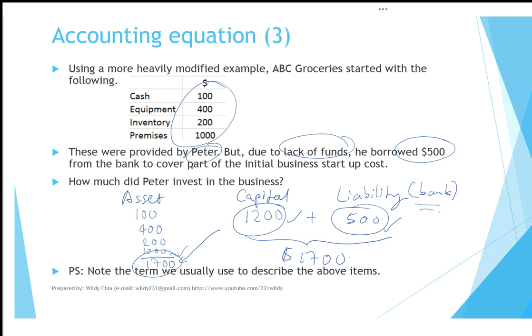This explains to us that all these assets, cash, equipment, inventory and premises, were acquired using capital and liabilities. Have you realized that the assets we have here were acquired using capital, and watch here, plus liability?